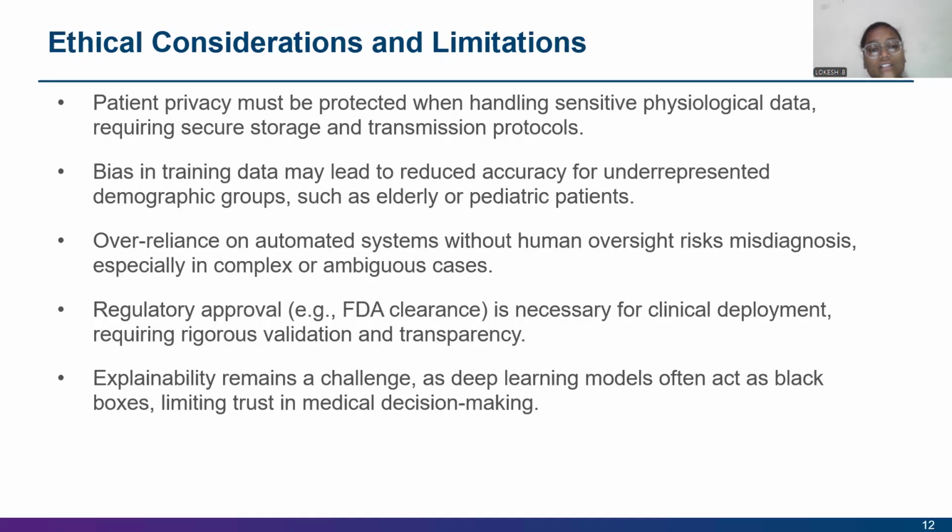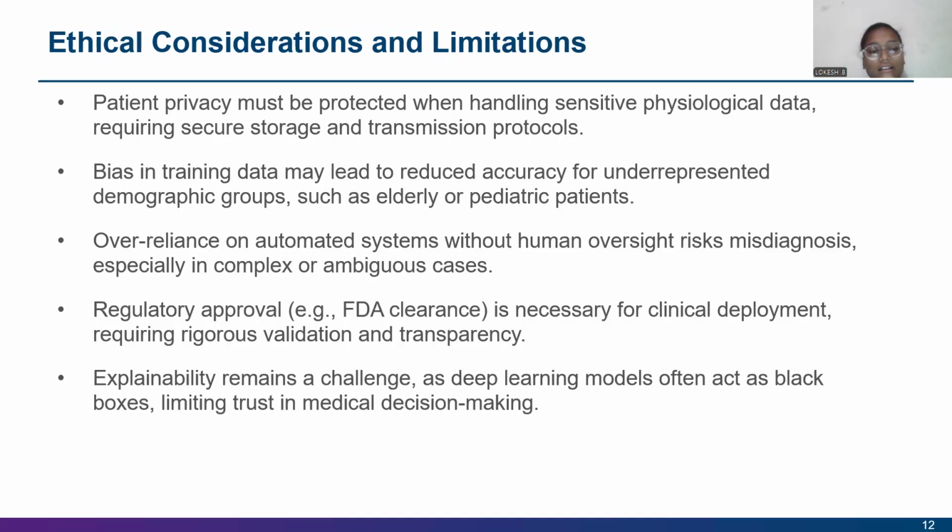And next, ethical considerations and limitations. Patient privacy must be protected when handling sensitive physiological data, requiring secure storage and transmission protocols. Bias in training data may lead to reduced accuracy for underrepresented demographic groups such as elderly or pediatric patients.